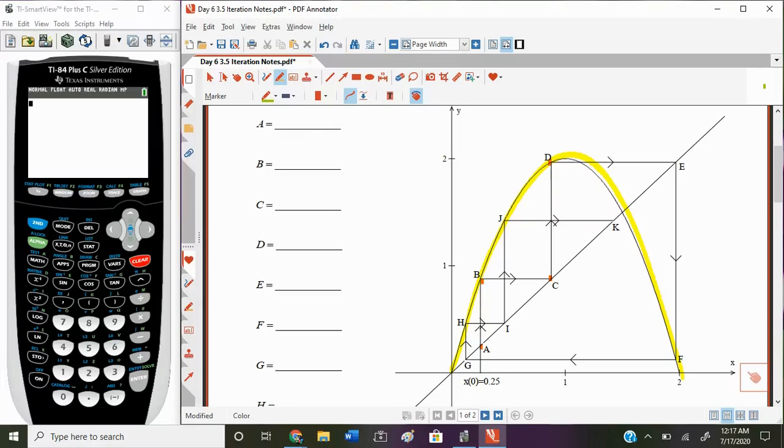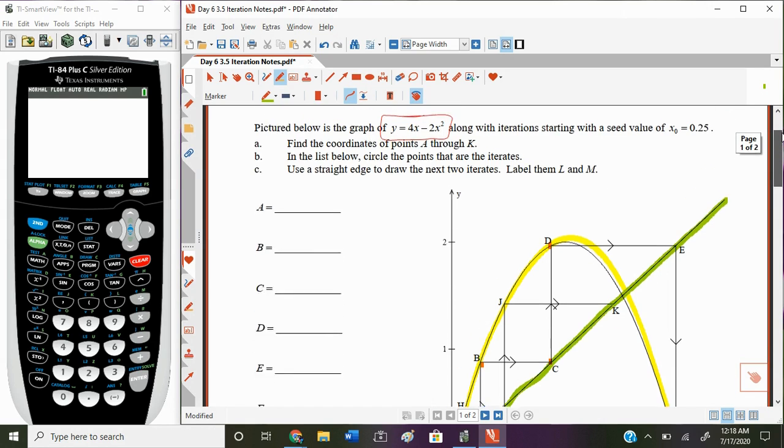That line is the line y equals x. Everything on this line has points like (0, 0), (1, 1), (5, 5), (1,000, 1,000), (2.67, 2.67). So every x coordinate and every y coordinate are the same. This line is going to help you find the coordinates of these points.